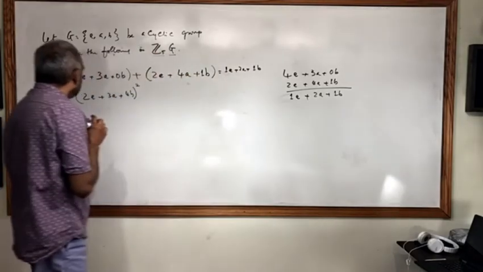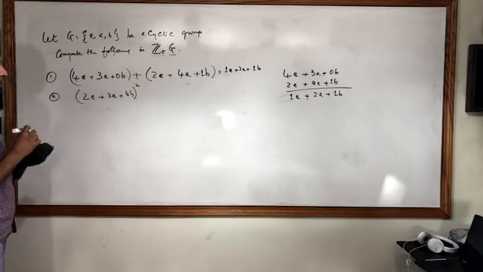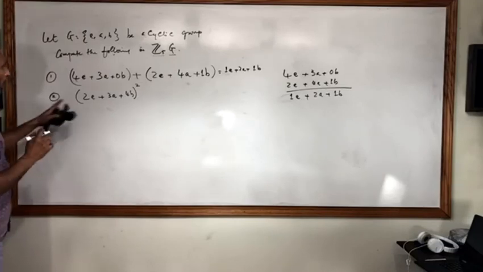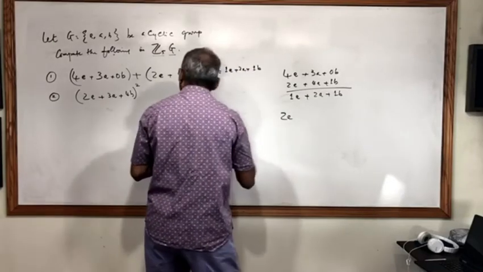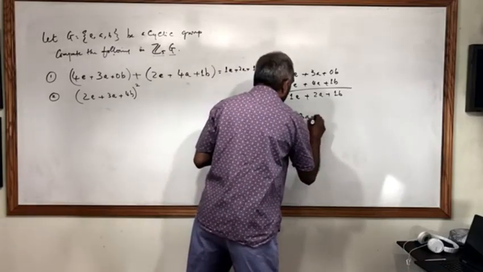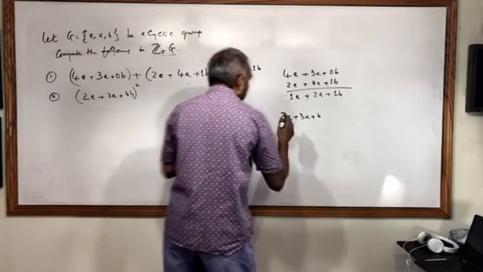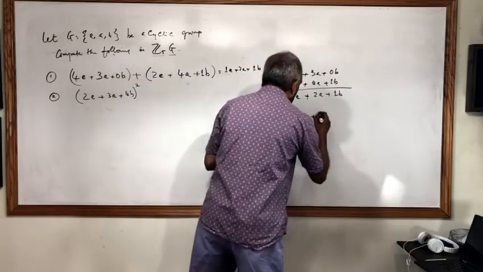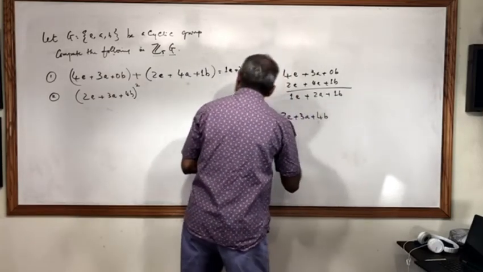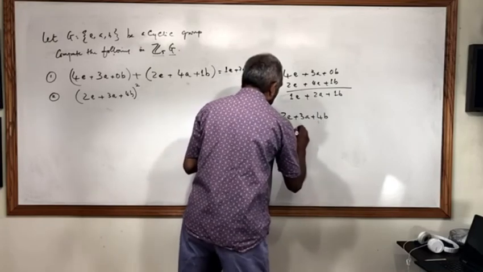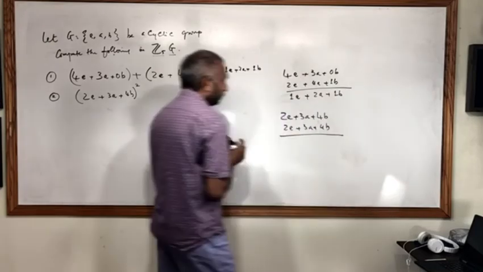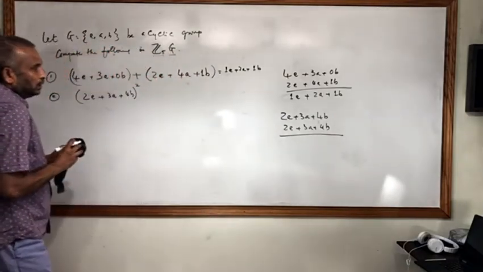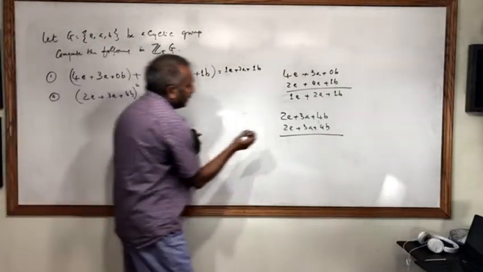Now let us compute this one. How do you do this? Again, (2e + 3a + 4b) multiplied by (2e + 3a + 4b).